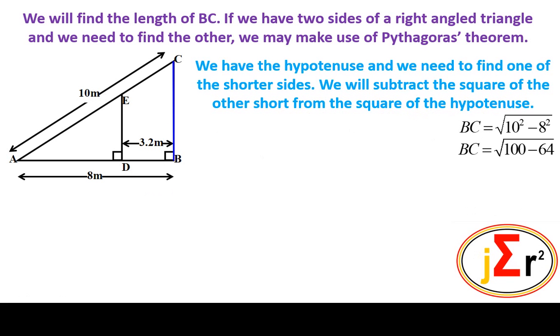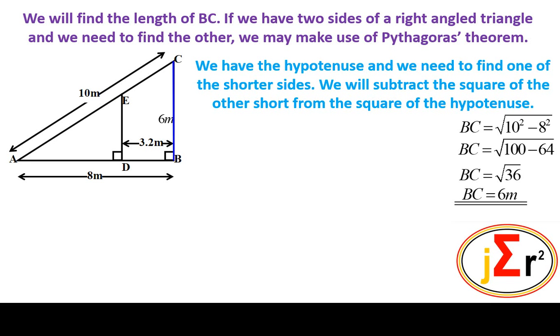BC is therefore equal to the square root of: the square of 10 is 100, the square of 8 is 64, 100 minus 64 is 36. We need to find the square root of 36, which we know to be positive or negative 6.